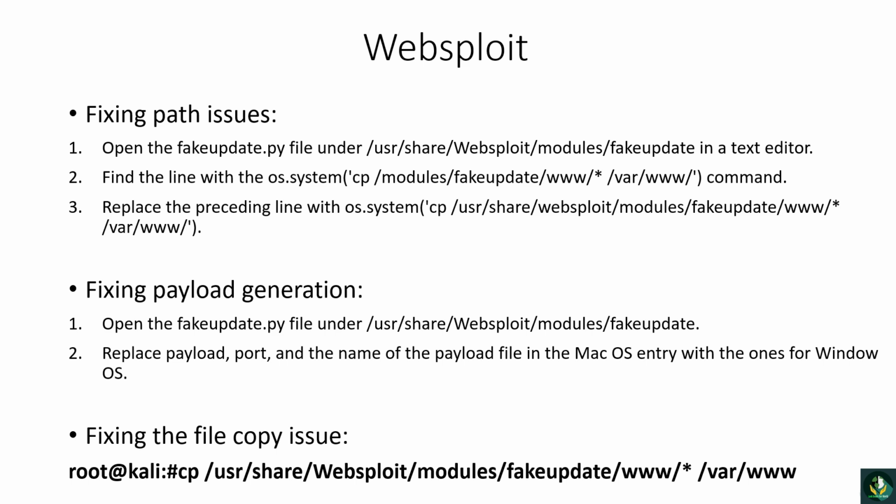The issue can be fixed by performing a series of steps: open the fake update.py file under this directory using a text reader, then find the line with the os.system command, and replace the preceding part of the line using this os.system command.